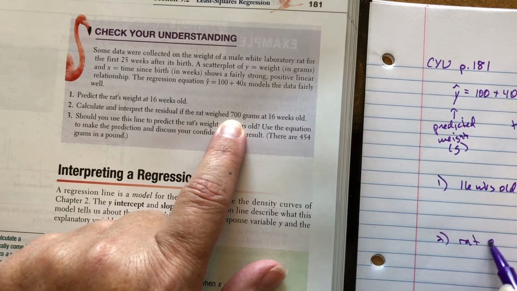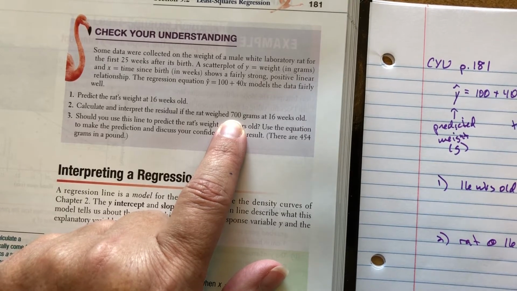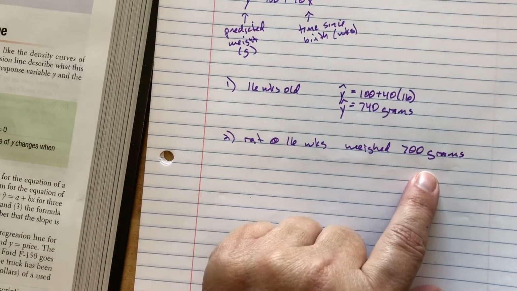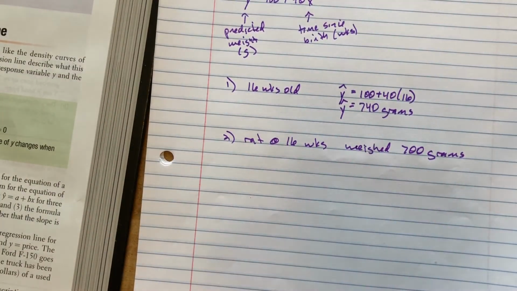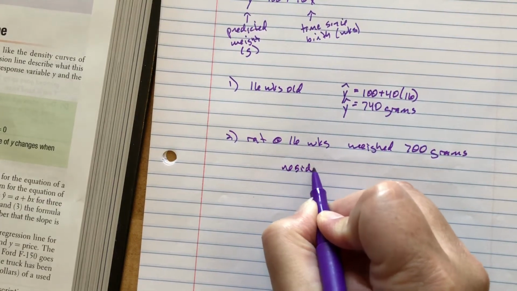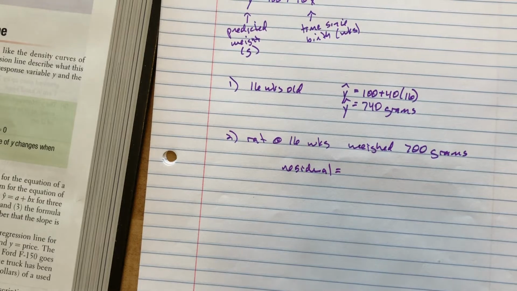So our rat at 16 weeks weighed 700 grams. Remember, I would have predicted he would have weighed 740. So our residual is just the difference.